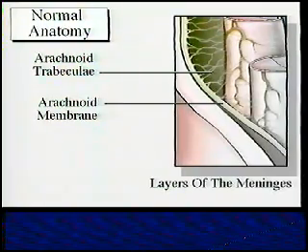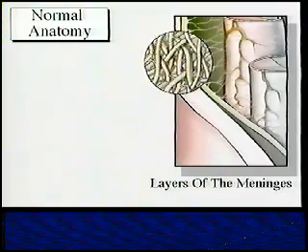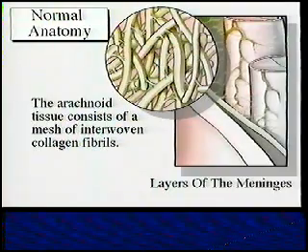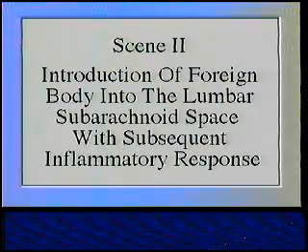The finest membrane is the pia. The next finest membrane is the arachnoid, shown here in close-up. It consists of a mesh of interwoven collagen fibrils, much like tissue paper would appear under a microscope.